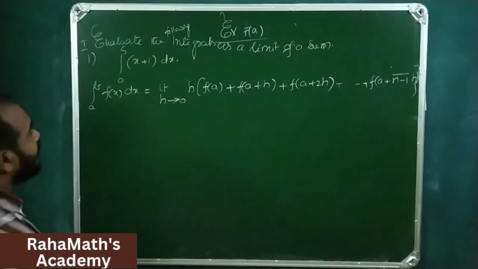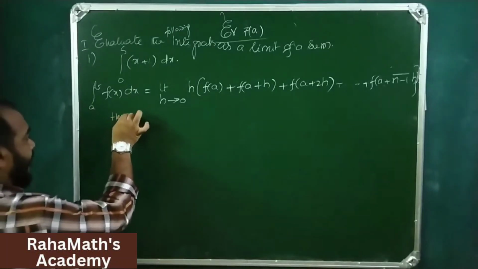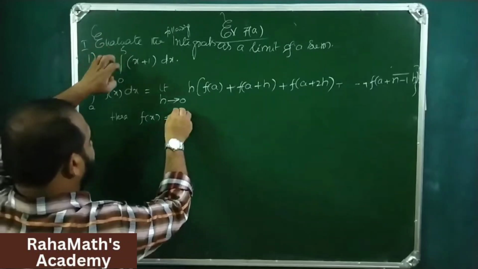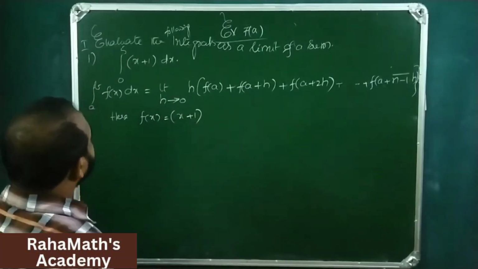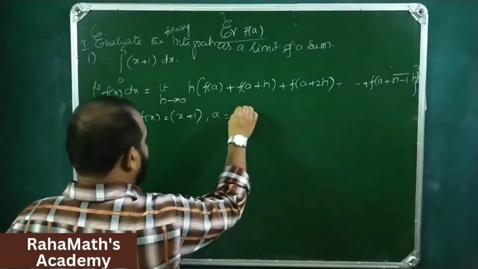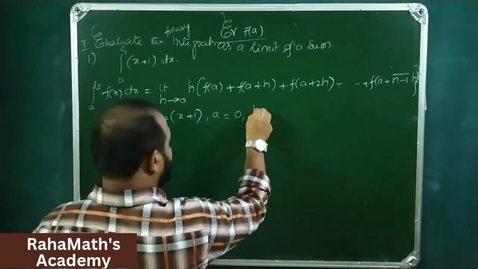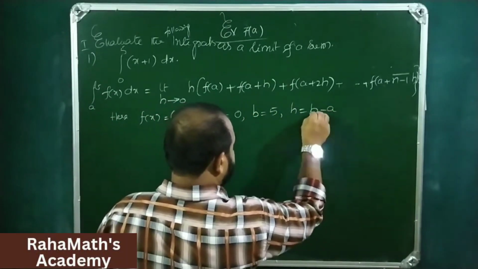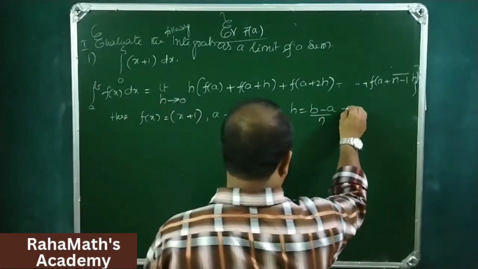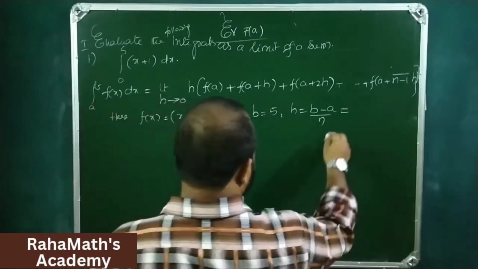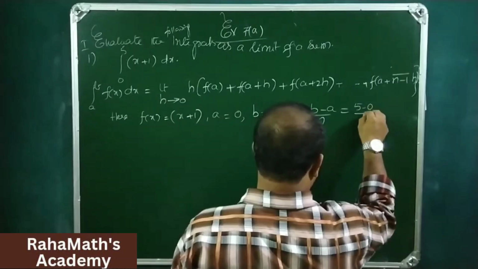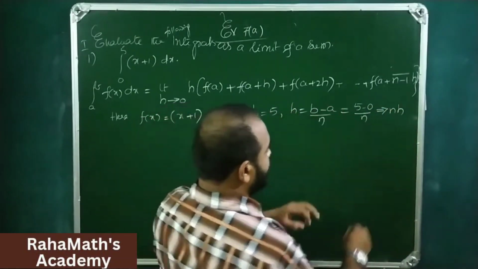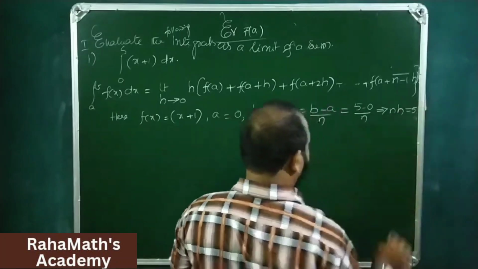So here f of x is equal to x plus 1, a is equal to 0, lower limit, b is equal to 5, upper limit, h is equal to b minus a by n. So that is equal to 5 minus 0 by n. So nh is equal to 5.